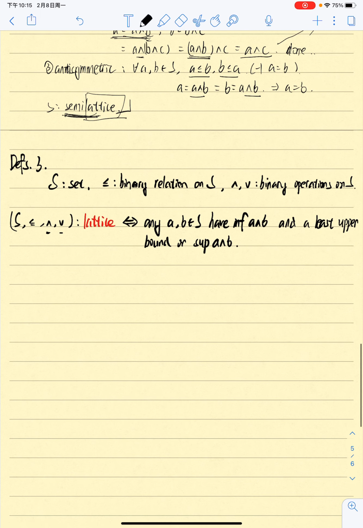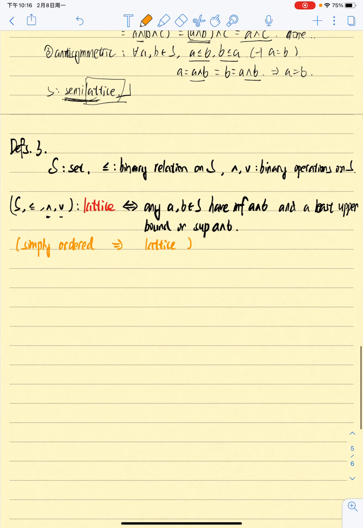By this definition we can see a relation of simply ordered and lattice. Actually, simply ordered always gives a lattice, and moreover, on the lattice, for every element in S, this is bigger than 0 and smaller than 1.